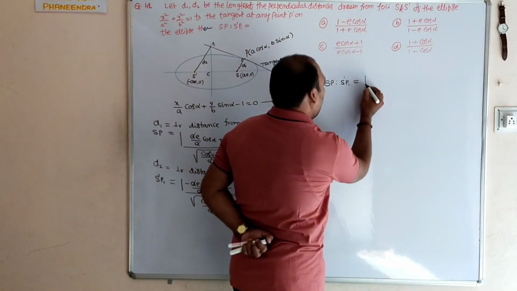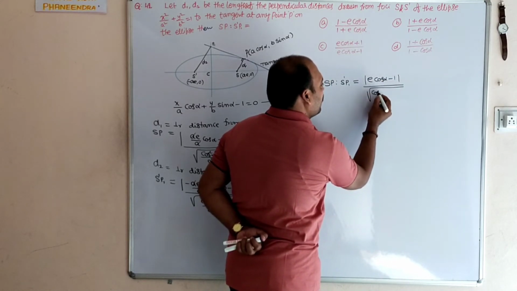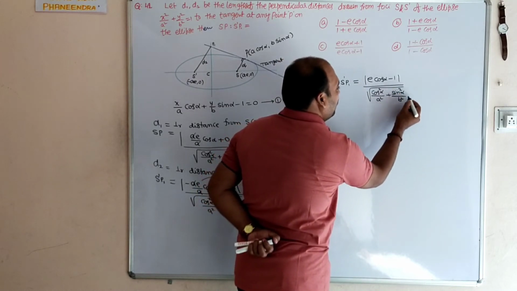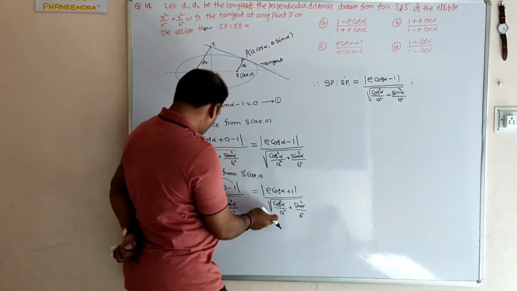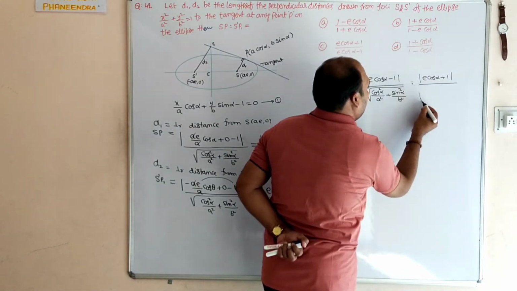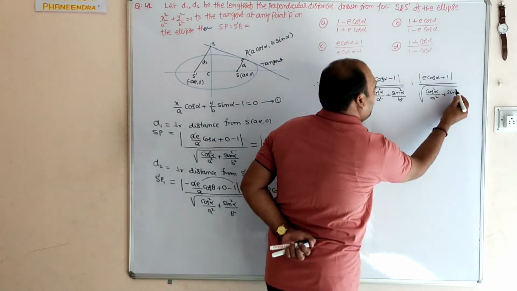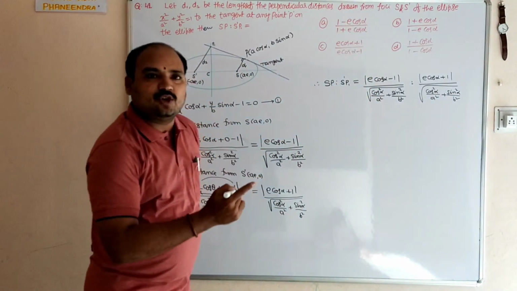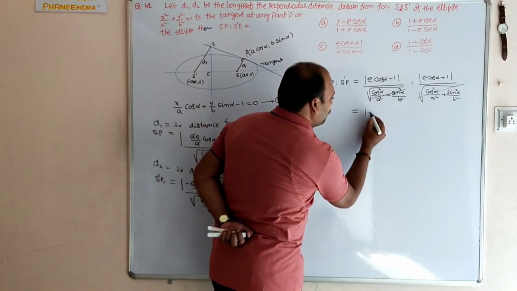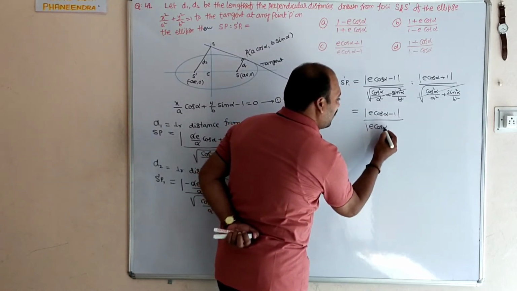So mod e cos alpha minus 1 divided by root of cos square alpha by a square plus sin square alpha by b square is to mod e cos alpha plus 1 divided by root of cos square alpha by a square plus sin square alpha by b square. In the ratio, both the denominators are the same, so you can cancel them. So the remaining is mod e cos alpha minus 1 divided by mod e cos alpha plus 1.